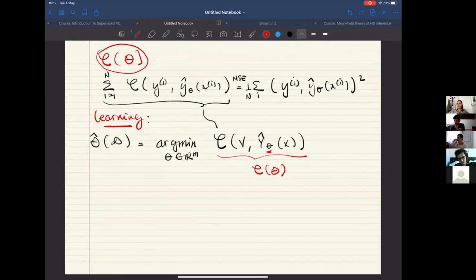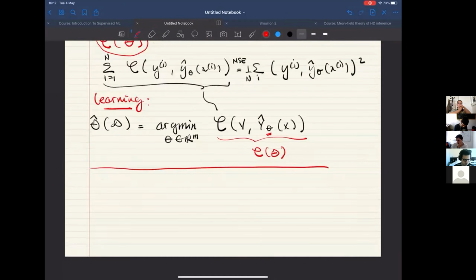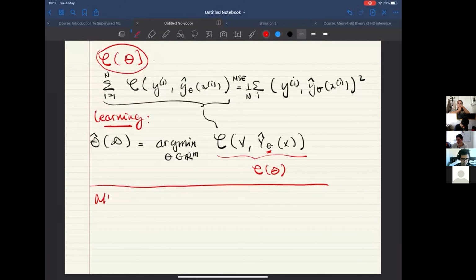So now I would like to give a few steps that I will call the machine learning workflow, that you need to follow whatever setup you are considering in machine learning, whatever application you want to approach, whatever algorithm you are using for the task.